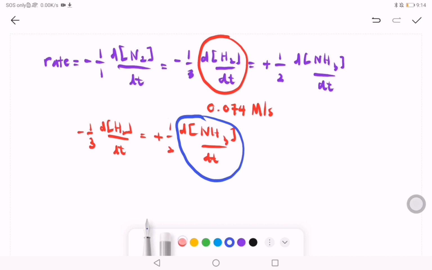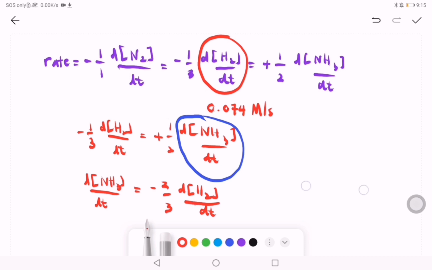So d[NH3]/dt equals to negative 2 over 3 d[H2]/dt. So kita substitute je lah nilai 0.074 ni masuk kat bawah ni.